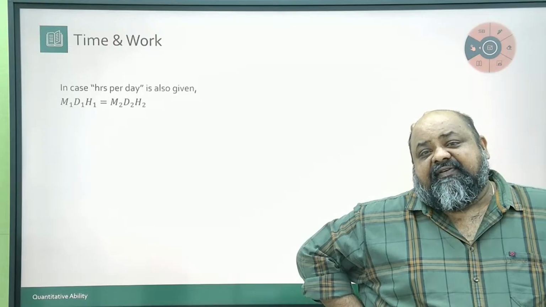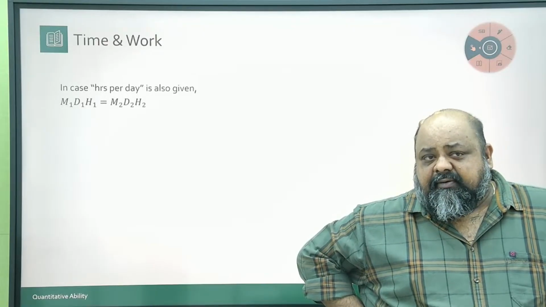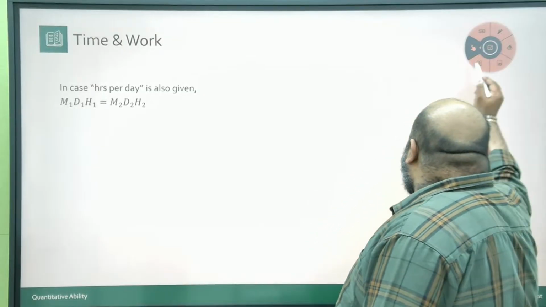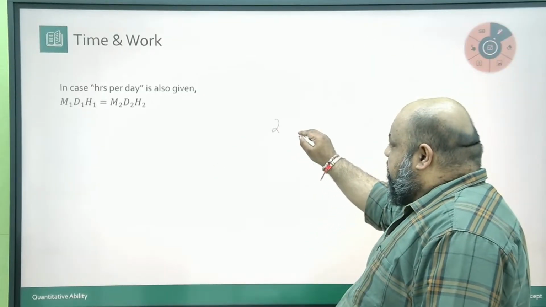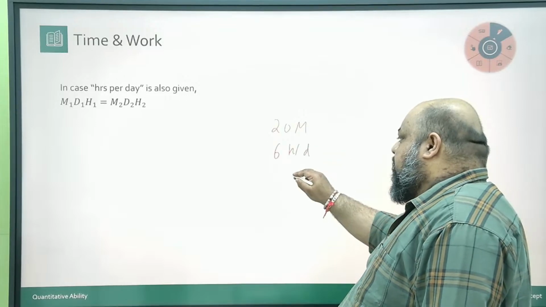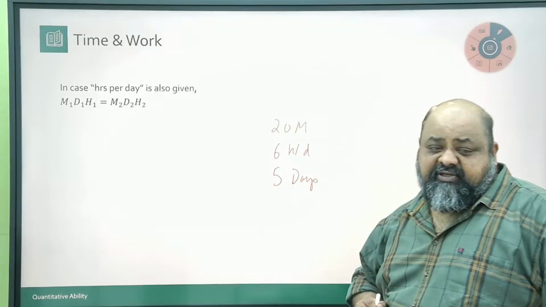So, for example, if I say every person does 1 unit of work in every hour, right? If I then add that there are 20 men who are working 6 hours per day for 5 days, what is the amount of work that they can finish?